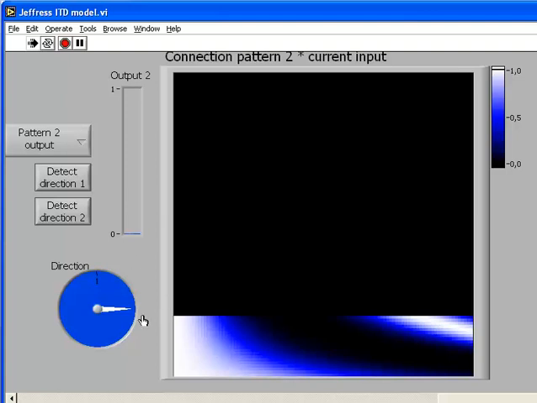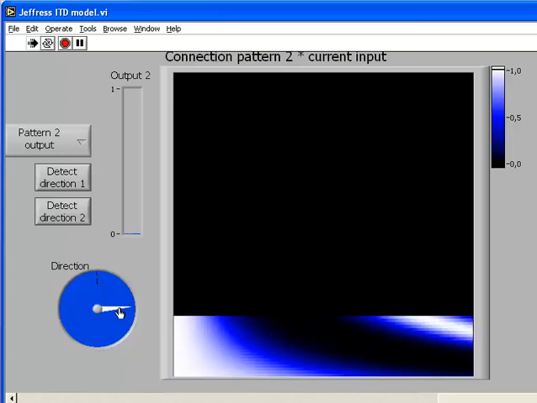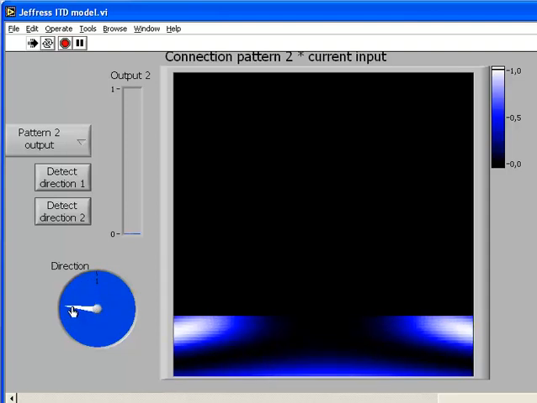But basically what you would see then here in the pattern 2 output, if you just look at the amount of white there is, here it's a fair bit. As I move this, then it tends to get less.